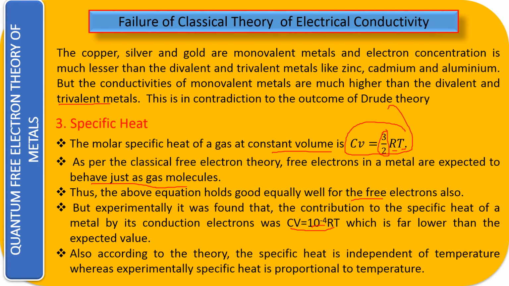Also, according to theory, the specific heat should be independent of temperature, whereas experimentally the specific heat is proportional to temperature. So overall, this theory also failed to explain this.